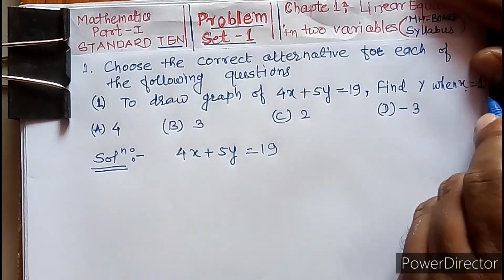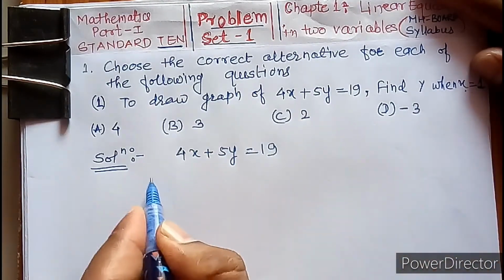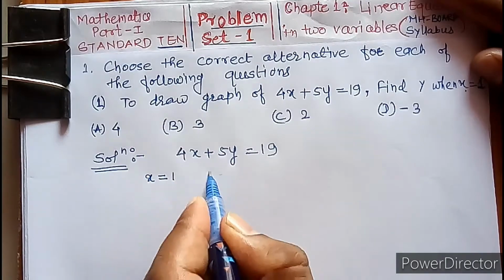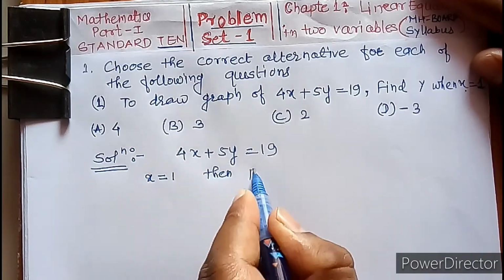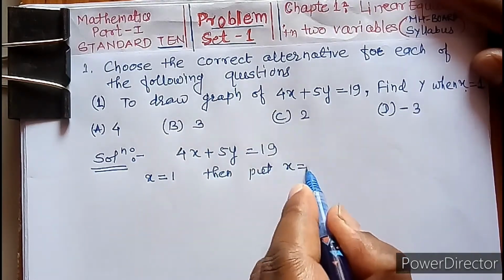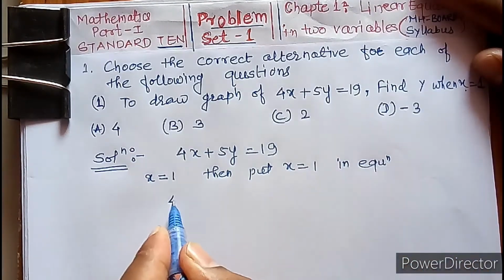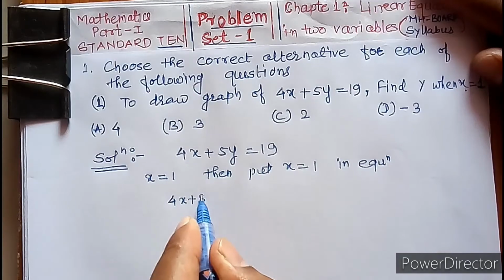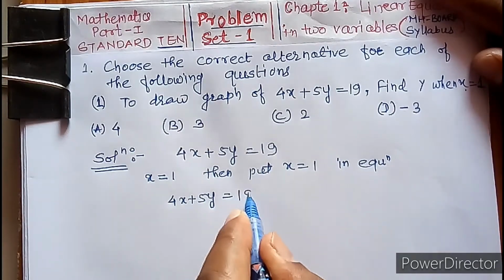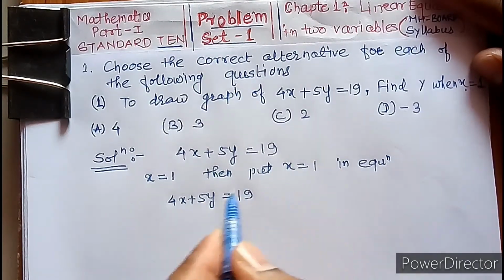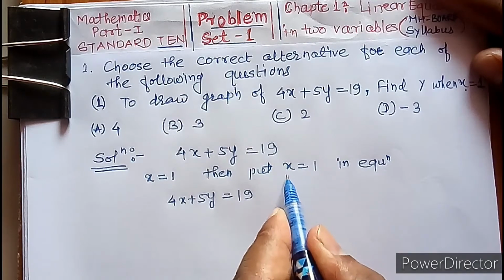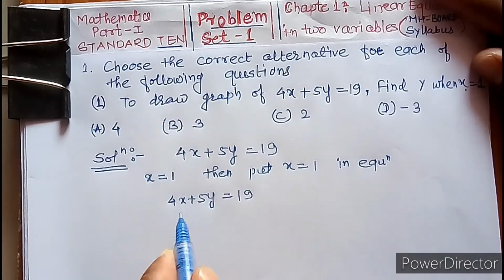Here the value of x is given, that is x equals to 1. Then put x equals to 1 in equation. The equation is 4x plus 5y equals to 19. Now we have to put the value of x here.